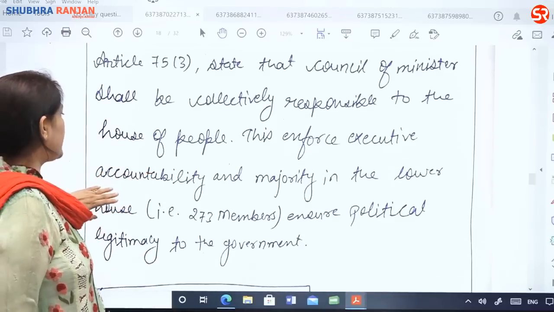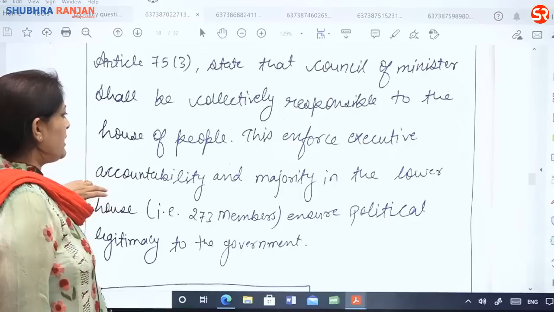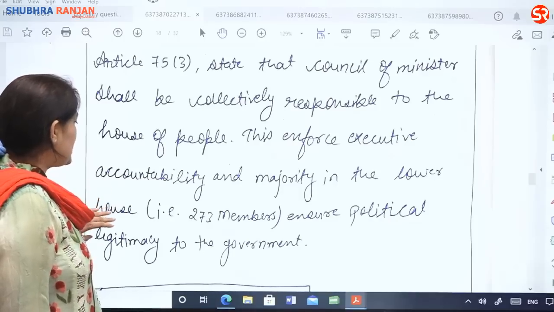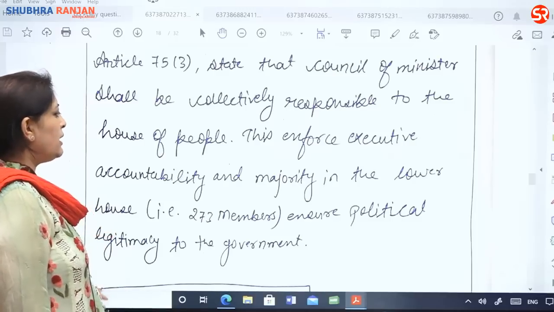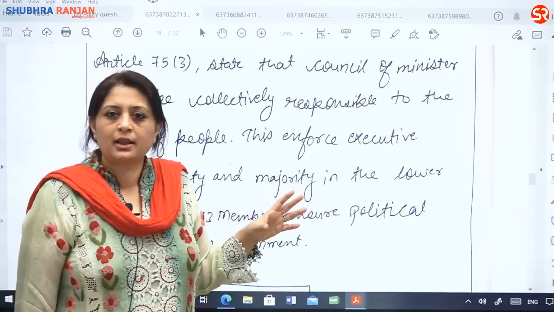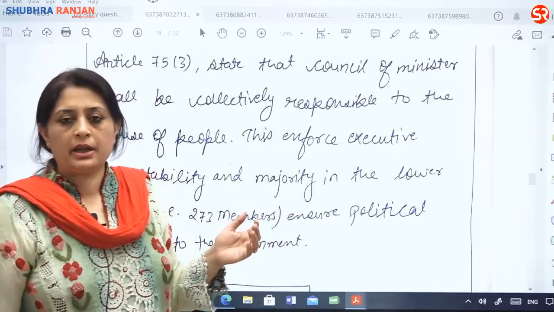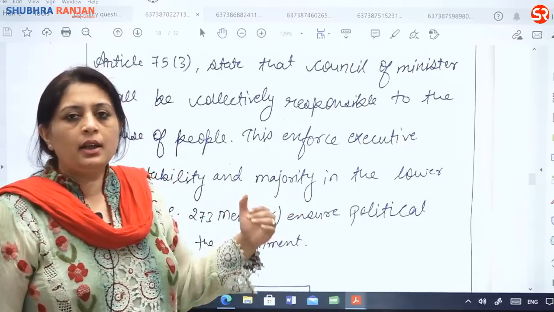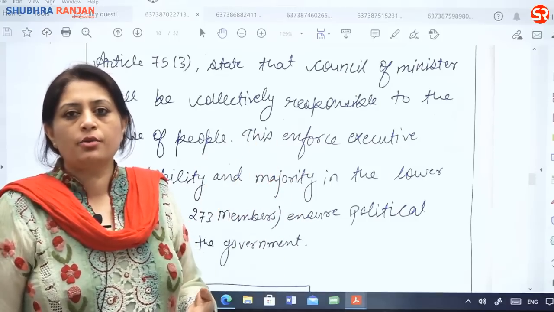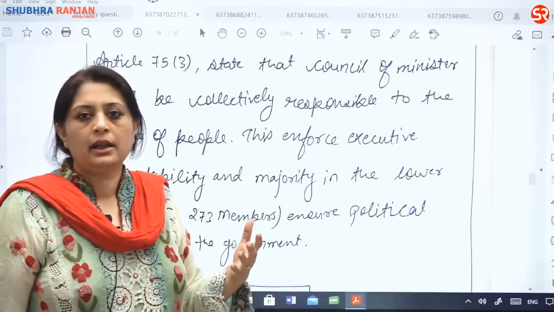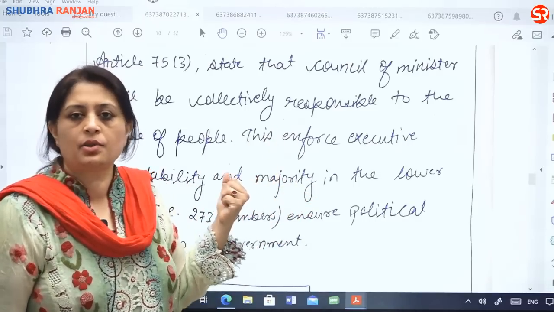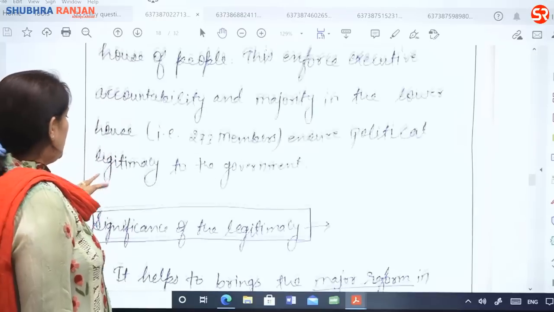This enforces executive accountability, and majority in the lower house ensures political legitimacy to the government. I think this sentence could have been framed better. You could have written that government is accountable to parliament and parliamentarians are accountable to the people. So indirectly government is accountable to the people, and that is the basis of its legitimacy.